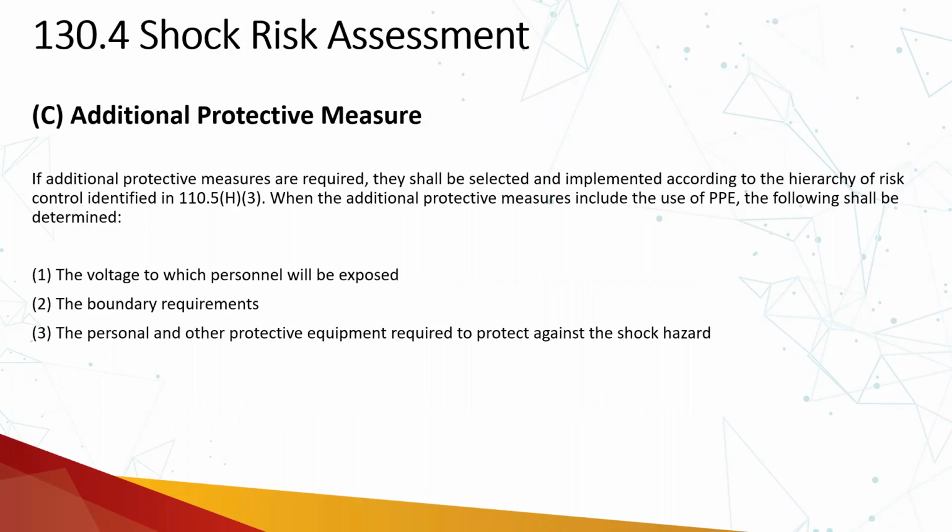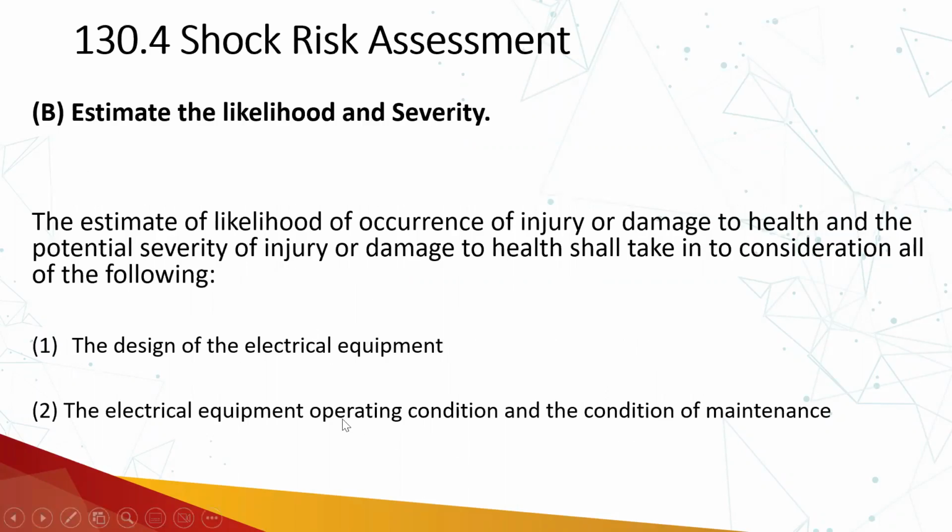Basically, if you are taking the life cycle concept into consideration, for an aged asset whose condition is not good, the chances of electric shock with that particular asset are higher. So here they are taking into consideration the condition of the equipment itself, the electrical equipment operating condition.